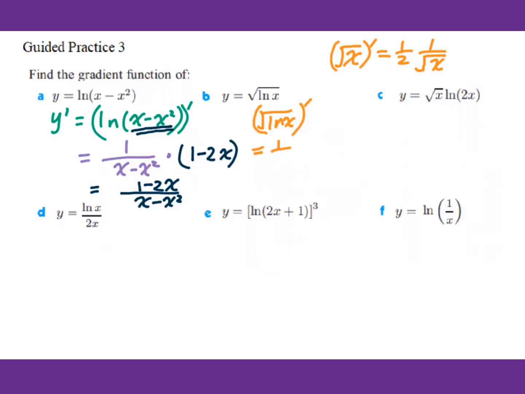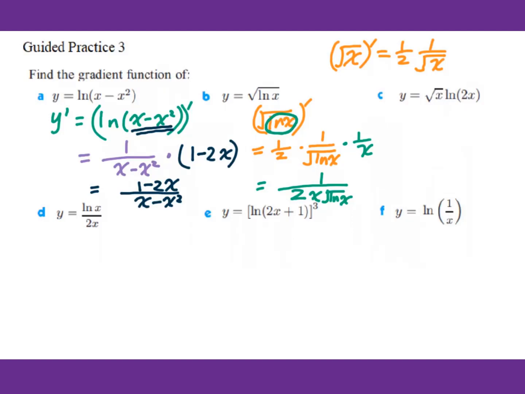So we can write 1/2 times 1 over the square root of natural log of x. Then take the derivative of the inside, natural log of x. That will be 1 over x. So we organize. You will get 2x square root of natural log of x, and the top is 1. Now let's go to c.